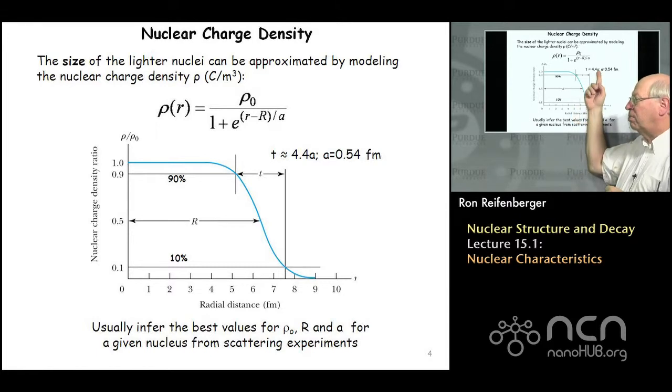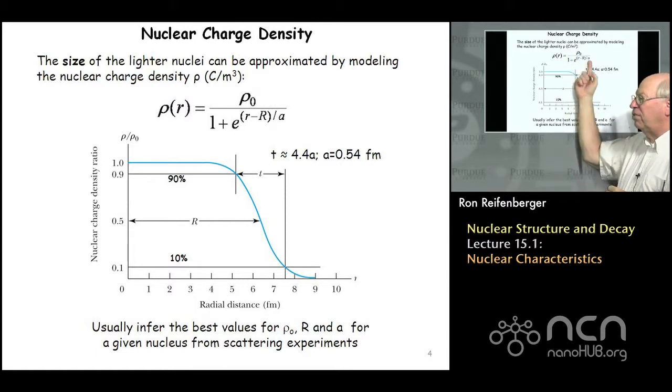And this parameter small a controls the thickness of this shell that describes how the charge in nuclear matter goes from 90% of this value rho 0 down to 10% of this value rho 0.